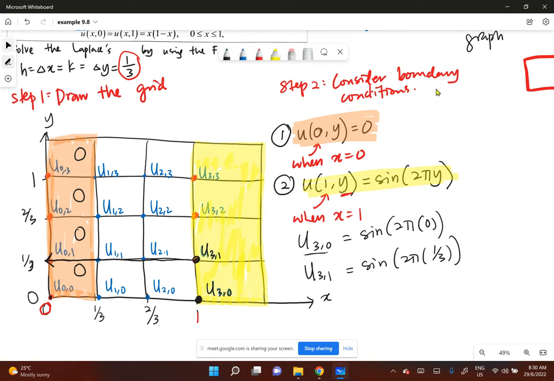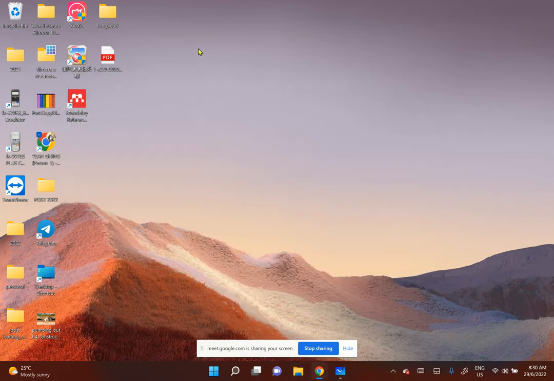Okay, so you can write it like this. Then you calculate using the calculator. Wait, let me use the calculator. Where is the calculator?